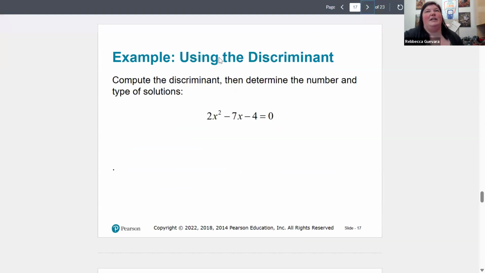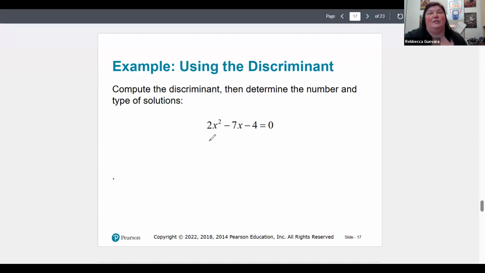We just want to use the discriminant to determine the number of solutions. So a, b, c. The discriminant is just b squared minus 4ac.